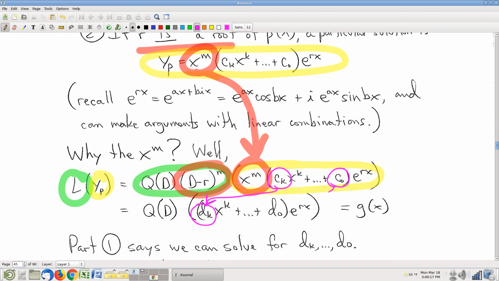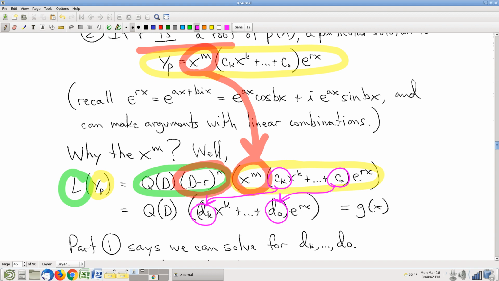The C numbers will be different from the D numbers, but predictably different. We can just keep track. We know exactly what the powers of x are. We know exactly how many times we're applying this operator. Then you can just write down basically a factorial formula that tells you the relationship between the C numbers and the D numbers. If you know some of them, then you know the others.